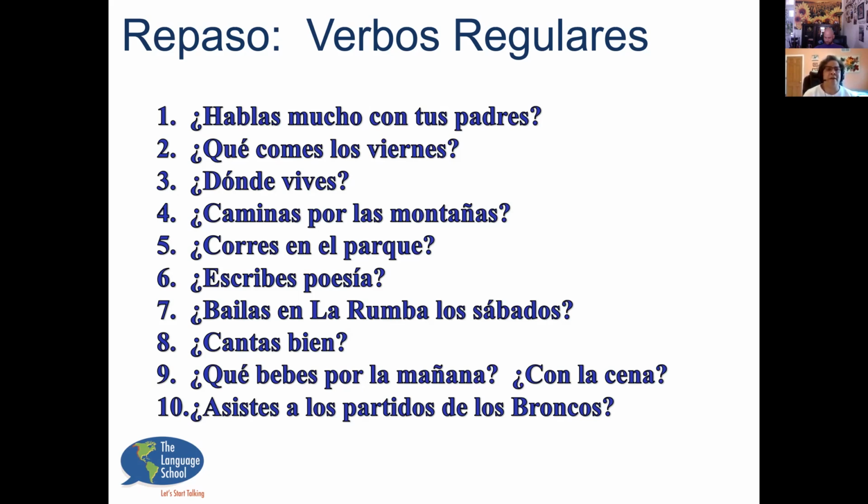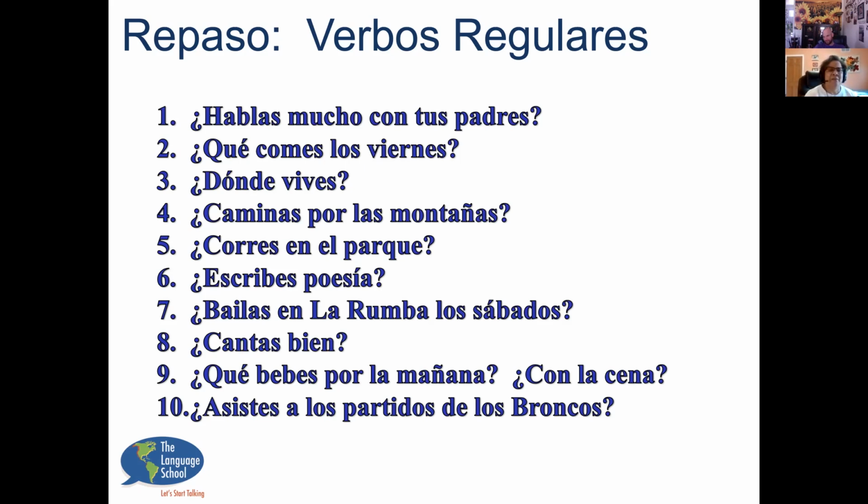No, no camino por las montañas. ¿Corres en el parque? No, no corro en el parque. ¿Escribes poesía? No, no escribo poesía. ¿Bailas en la rumba los sábados? Sí, bailamos en la rumba los sábados. ¿Cantas bien? No, no canto bien.